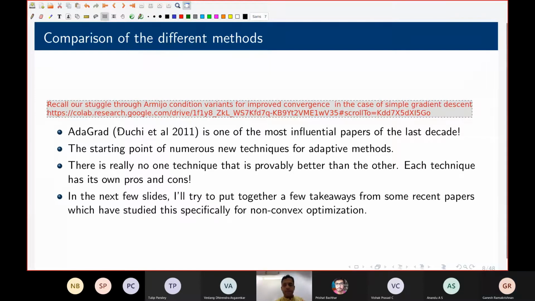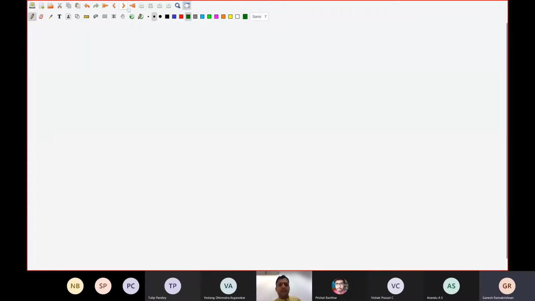Now somebody may say, which is the best of these techniques? You can't necessarily have a proof that one is better than the other. There are pros and cons of each of these. But there are some interesting takeaways.